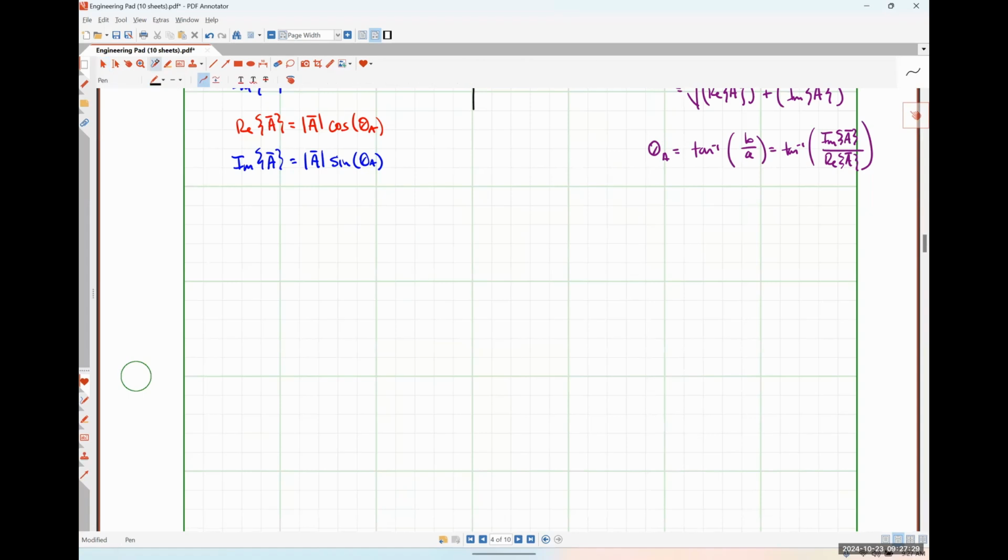So complex conjugate. If I have a rectangular form complex number, A is equal to a plus jb, or an exponential form complex number, the magnitude of A, e to the j theta A, or a polar form complex number, magnitude of A, angle theta A, I can define a complex conjugate operation as so, okay?